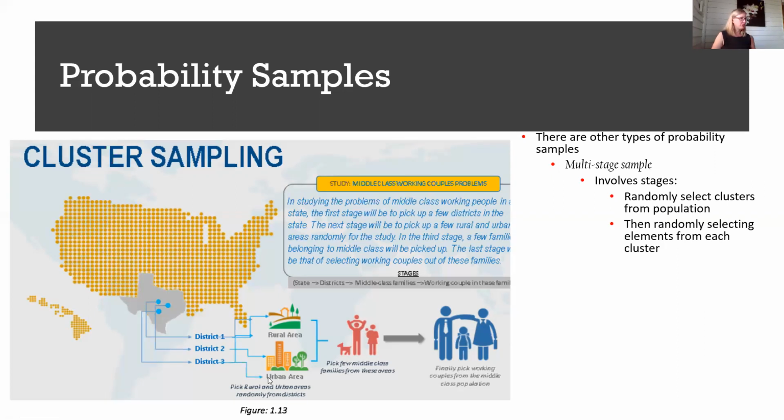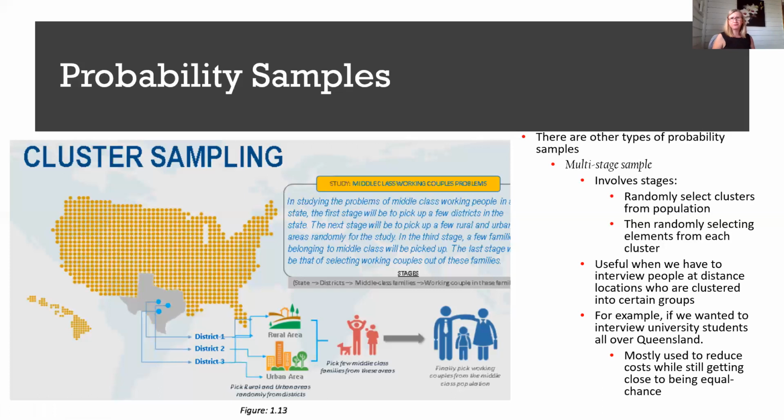Then within those districts, we can break them into another strata, rural area and urban area. Then from those strata, we can randomly sample middle-class families from these areas and pick working couples, so the people that meet criteria for inclusion in the study.